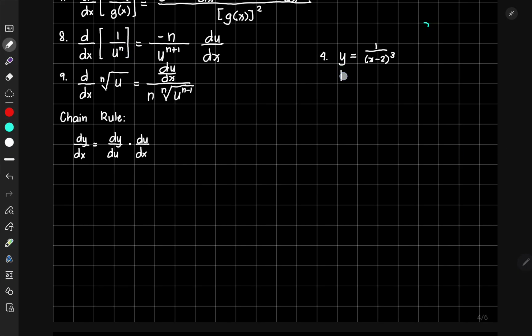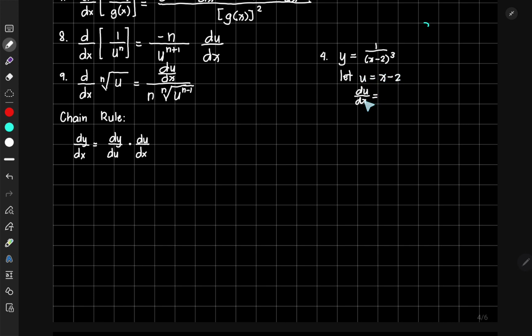So let u be equal to what is inside our parenthesis, which is x minus 2. So our du over dx, so this would be getting the derivative of this one.